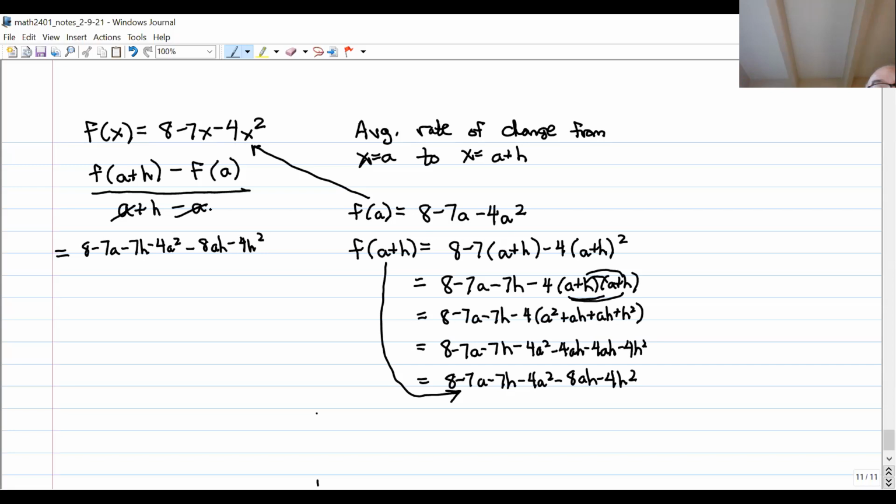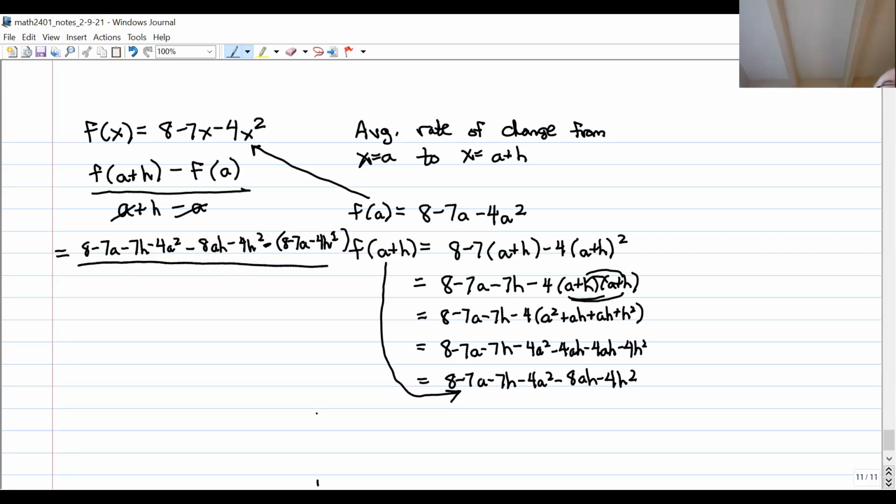And then we're subtracting off f(a). Here's f(a). So you're subtracting that off. Since you're subtracting that, be sure you put it in parentheses. You're subtracting f(a). f(a) is all of this. So make sure you put all of this in parentheses after this minus sign. This minus sign and this minus sign are the same.